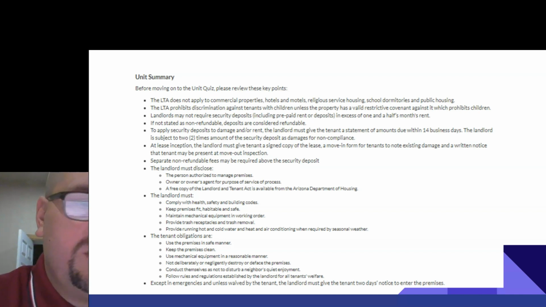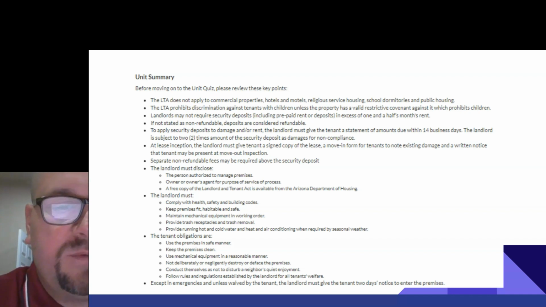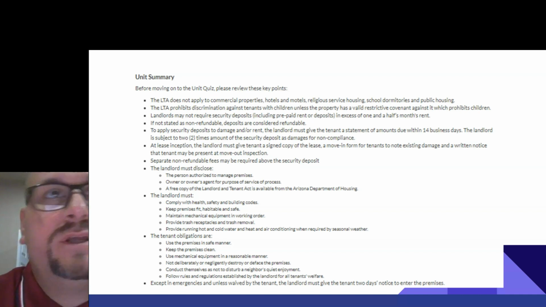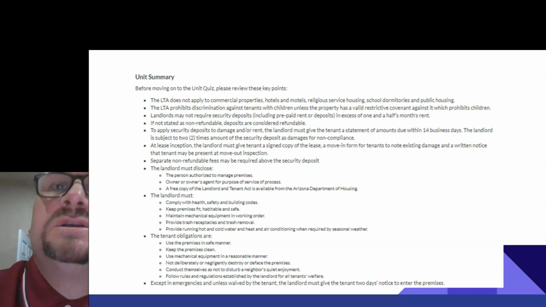They are to use the premises in a safe manner, keep the premises clean, use mechanical equipment in a reasonable manner, not deliberately or negligently destroy or deface the premises, conduct themselves so as not to disturb a neighbor's quiet enjoyment, follow rules and regulations established by the landlord for all tenants' welfare.